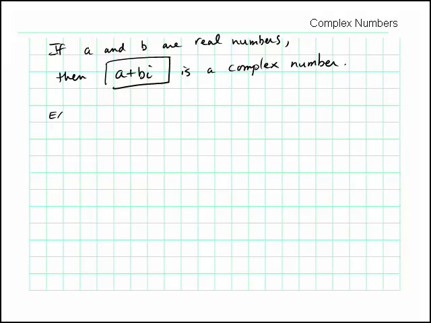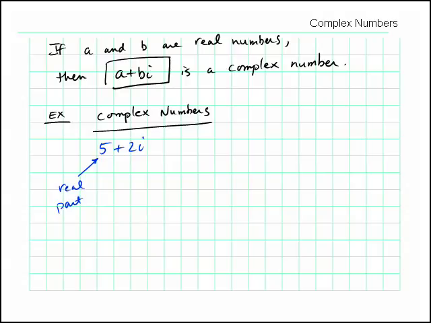Some examples of complex numbers. Five plus 2i is a complex number. The 5 is the a. That's called the real part because it doesn't have an i on it. And the 2 is called the imaginary part because it's the part that is multiplied to the i.